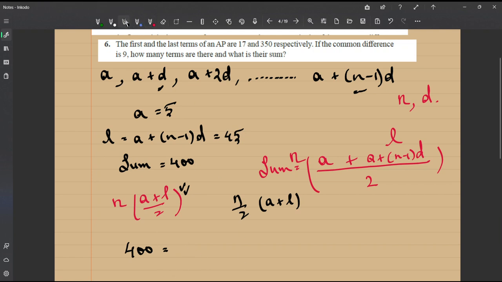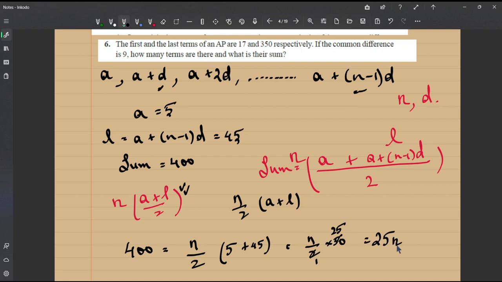400 is equal to n by 2 into (A plus L), 5 plus 45, which is equal to n by 2 multiplied by 50. If you divide both numerator and denominator by 2, you get 25n.